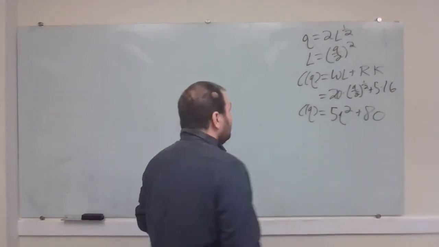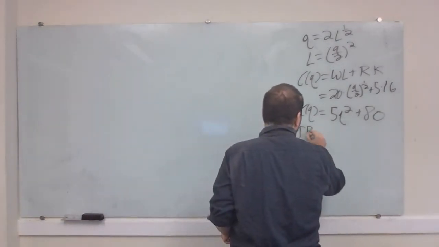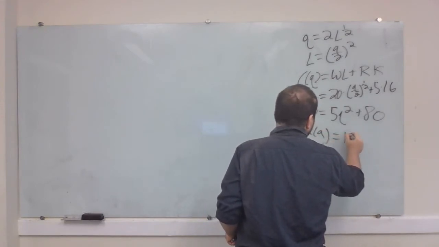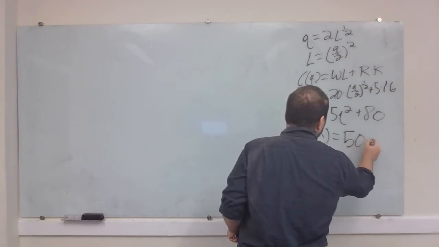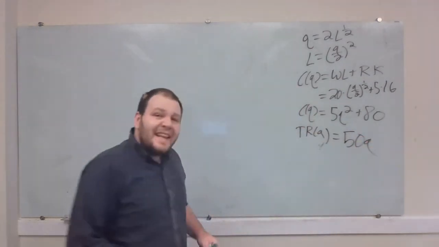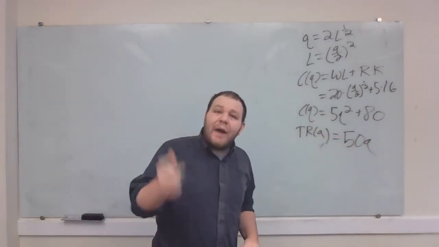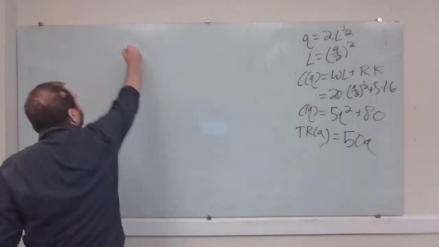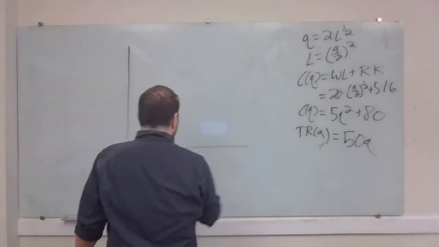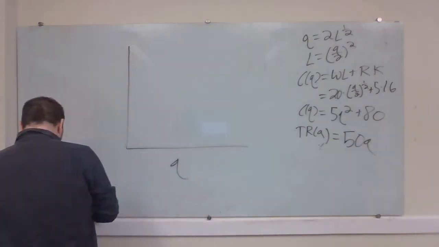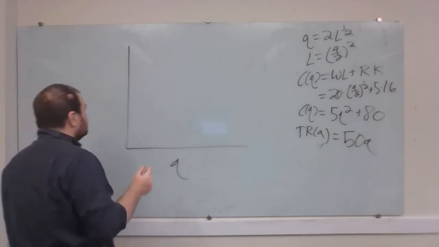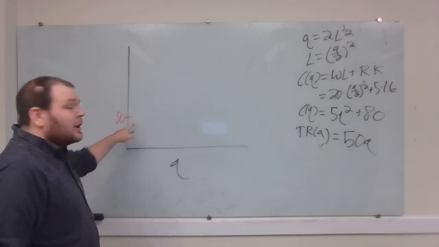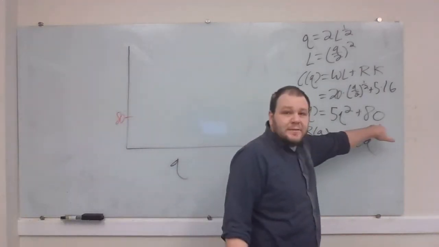And then of course our revenue, very straightforward, is just going to be P times Q, so 50 times Q. So to get a sense of these things, and to think about how to maximize our profits, let's graph our costs and let's graph our revenue. Say for Q, we'll have costs, which I'll do in red, that start at 80, right? If I don't produce any output at all, I still have to pay for my capital because it's fixed.